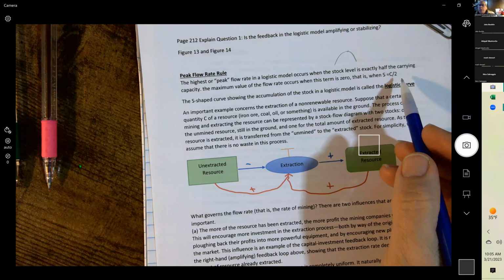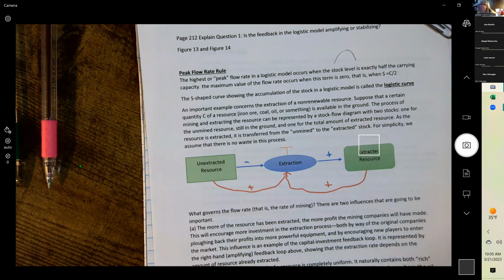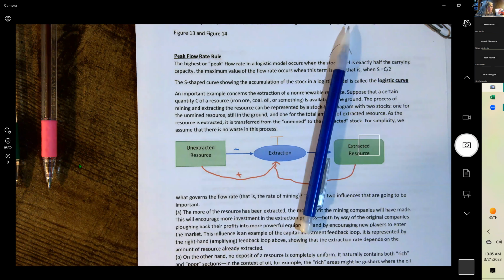So if it can hold, I forget the number, the fish in the pond was like 100 million or something like that, it would be half of that.